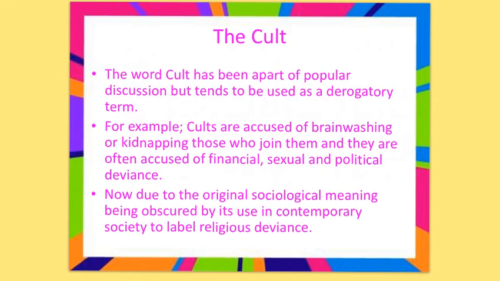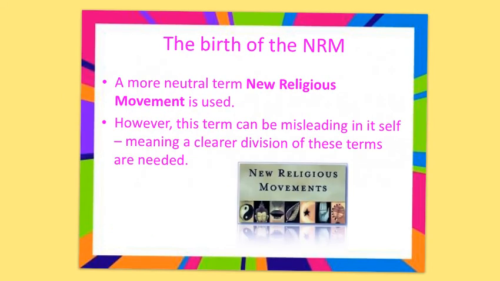Now, the original sociological meaning is being obscured by contemporary society, and it's labelled by this religious deviance. A new neutral term has started to be born, which is the new religious movement. However, this term can be misleading in itself, meaning a clearer division is needed so that we know exactly what we're looking at.